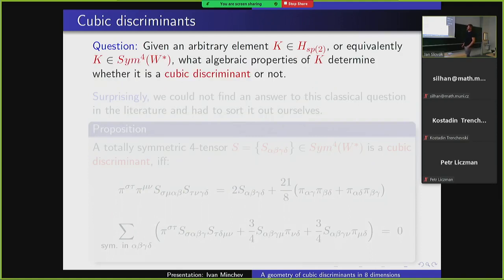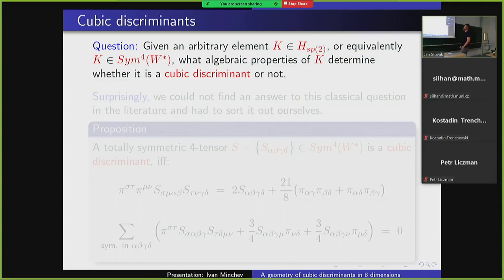So the first natural question that arises, and it sounds quite classical, is if we are given, let's say, a totally symmetric 4 tensor over C4 or over W, or a cubic hyperkähler curvature type tensor, doesn't matter, on the real space.